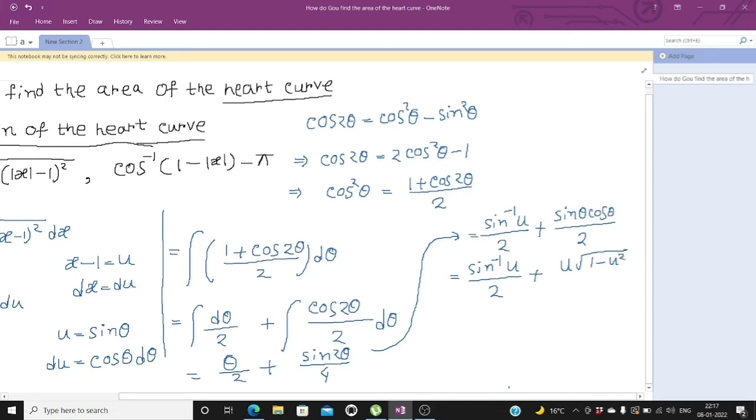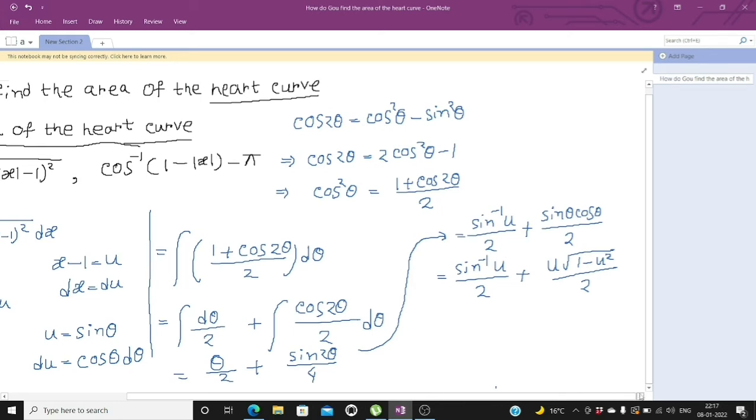I hope you understand that, because as sine theta is u, cos theta will be root under 1 minus u square.